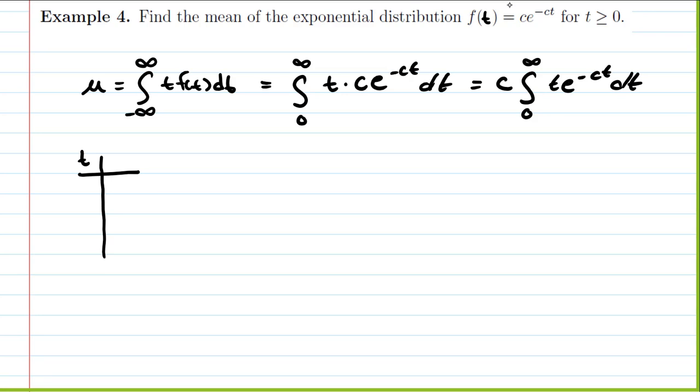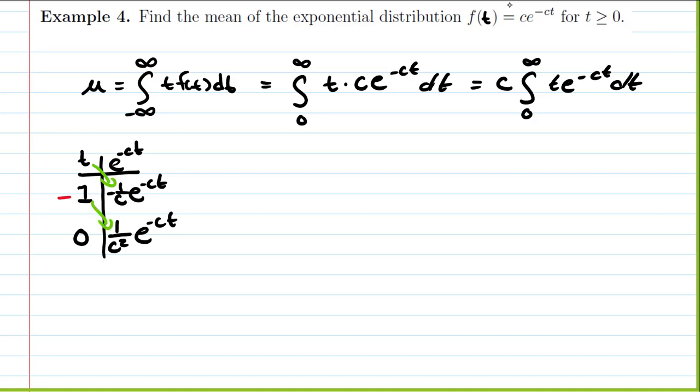Tabular works out nicely. So e to the negative ct. The derivative of t is 1, and the derivative of 1 is 0. So then we get negative 1 over c e to the negative ct, 1 over c squared e to the negative ct. And then we make every other term negative, and we connect our diagonals.